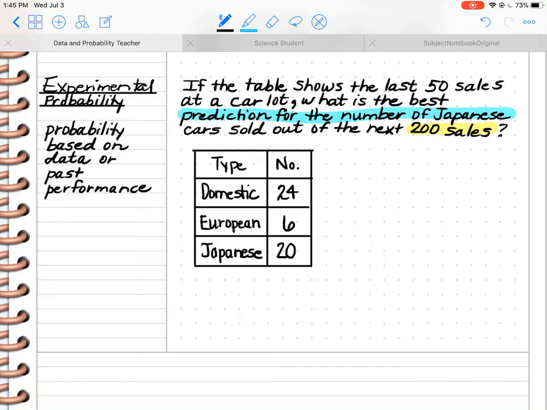So we want to use this data that someone has already collected. They've already done the experimental part, and we want to base our prediction on that data. But from here, it works exactly like the last problem. We want the probability or the prediction of Japanese.